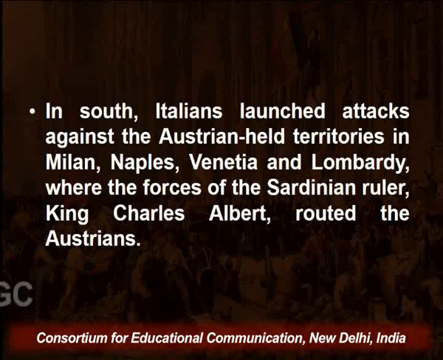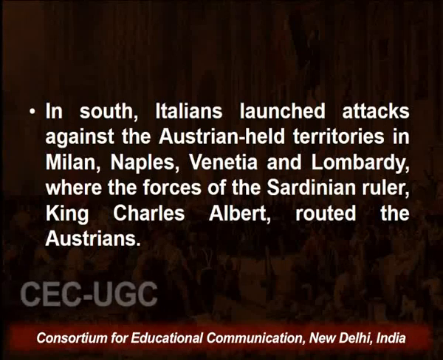So you find the smaller nationalities located in Milan, Naples, Venetia and Lombardy rising in revolt against the Austrian held territories, and in this they get the military help of the Sardinian ruler King Charles Albert. Now, it is a monarchy versus monarchy.